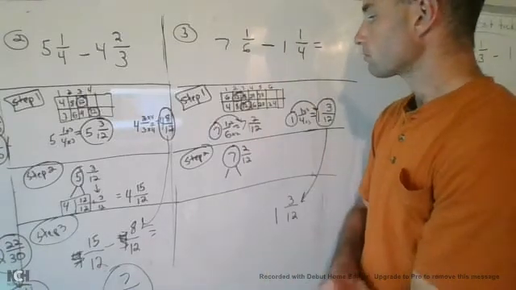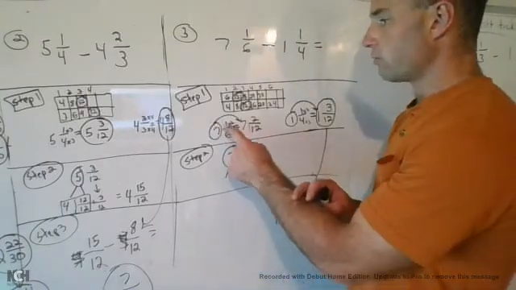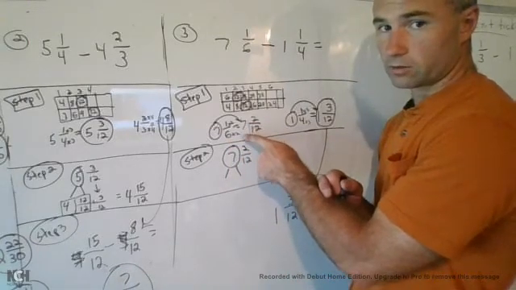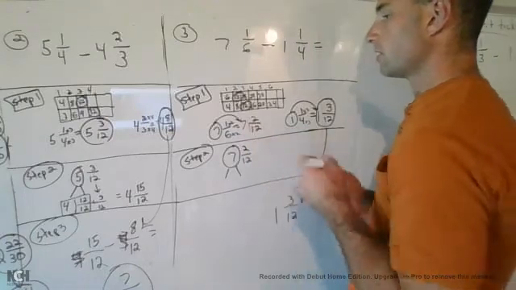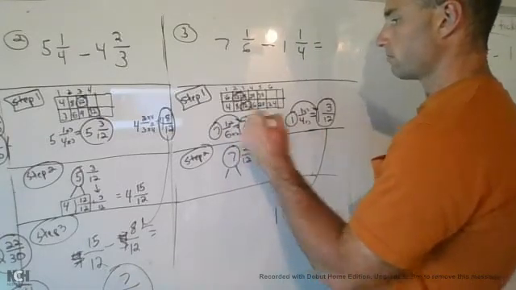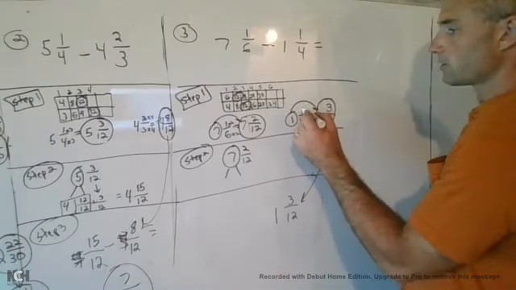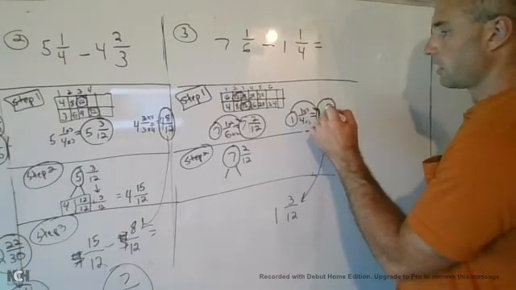And you converted 7 and 1/6 to become 7 and 2/12. Don't forget that whole number. That's why I drew an arrow over there, just to remind myself not to forget it. And 1 and 1/4 becomes 1 and 3/12.